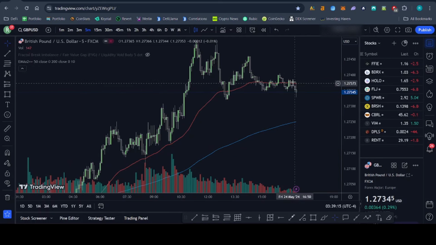This 50 period EMA is showing us what the average price is over 50 candles. And the same with the 200, that's showing us where the average price was over the last 200 candles on the 5-minute chart. So it's important to understand that, yeah, the EMAs are cool, indicators are cool, but they don't actually tell you anything else that you can't otherwise see by just looking at the chart.